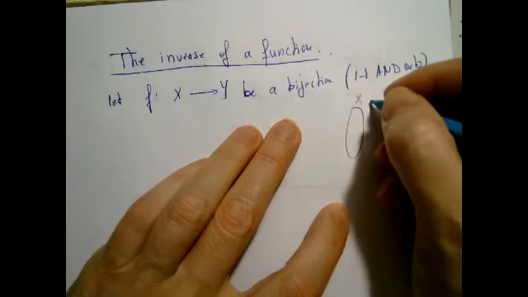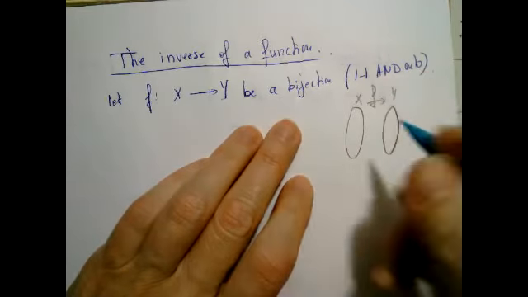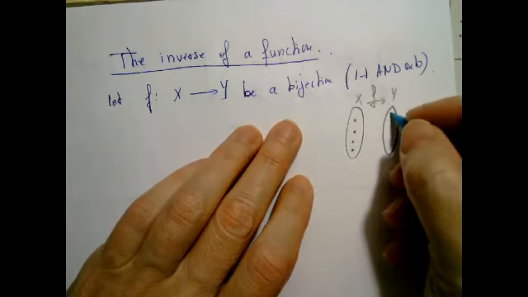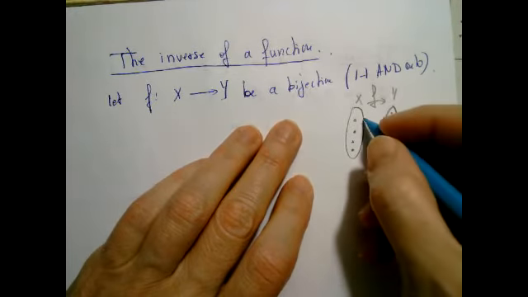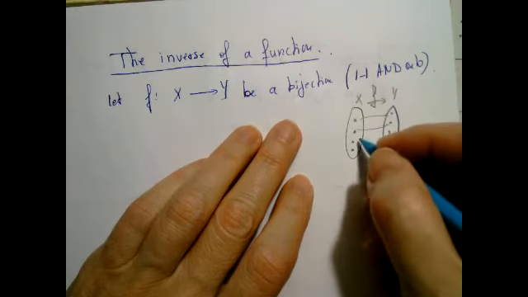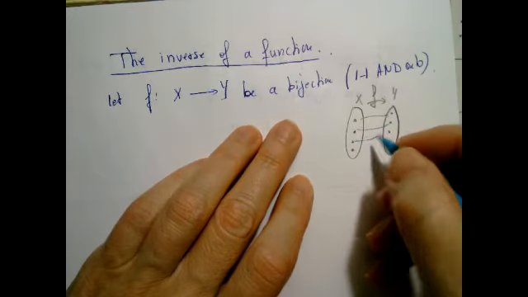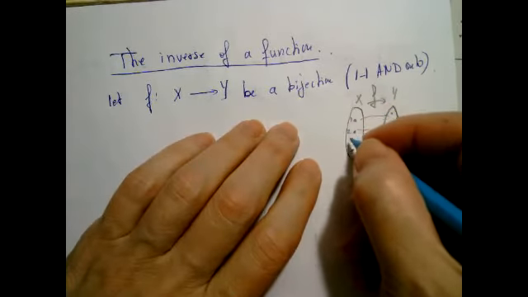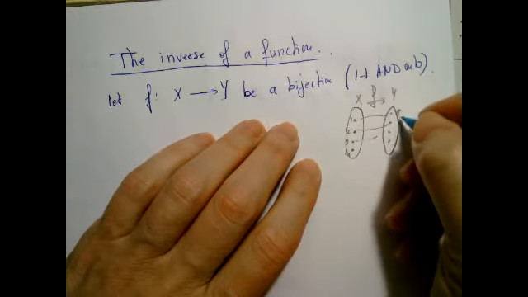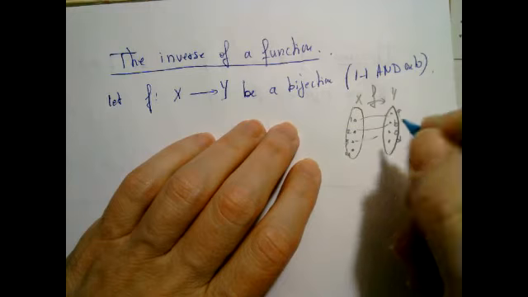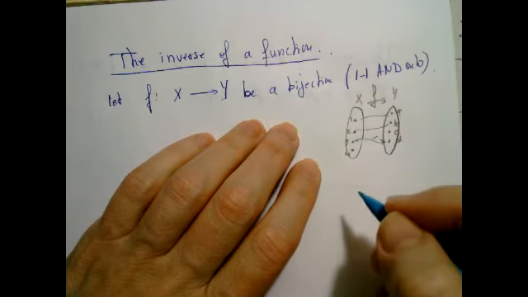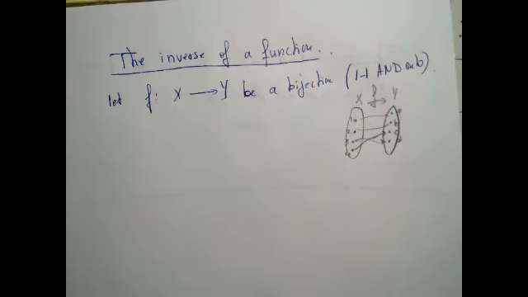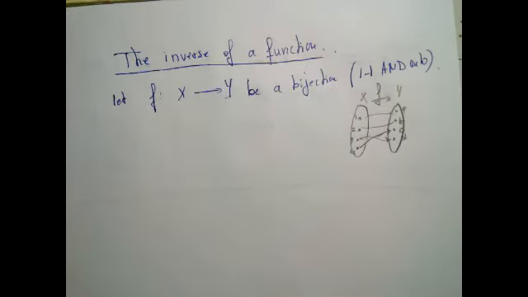X to Y. This is my F. And let us say we have 4 elements. Later on, I will take infinitely many. We're going to call 1, 2, 3, 4, A, B, C, D. So I'm going to send 3 to D, and I'm going to send this one here. That's a bijection. That's a one-to-one and onto.